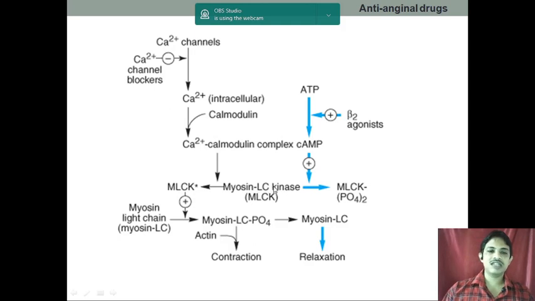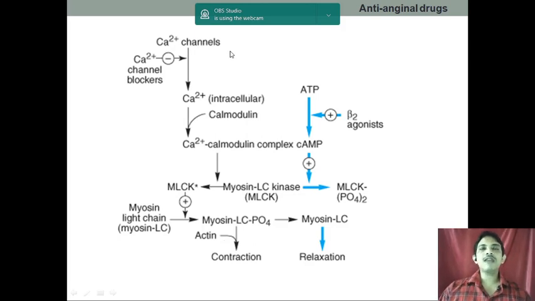Due to this activation, myosin light chain undergoes phosphorylation. Now it binds to the actin and produces the contraction. So here we can see the important role of calcium in producing the contraction.